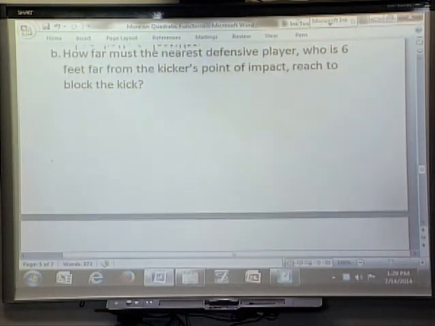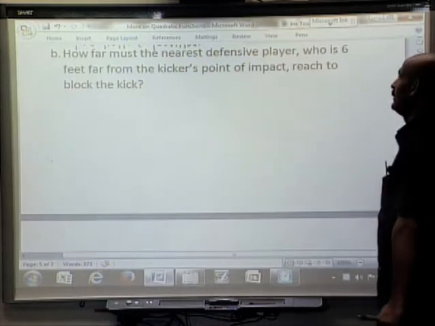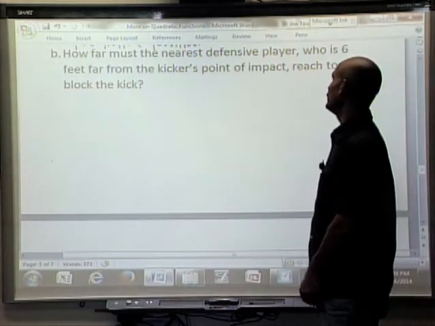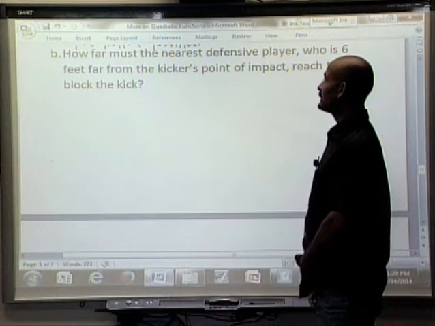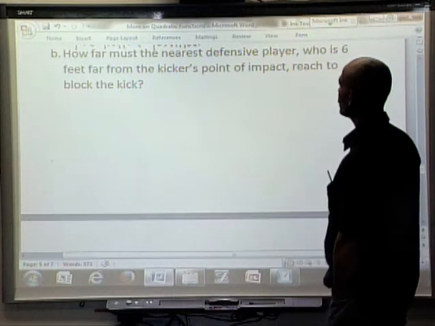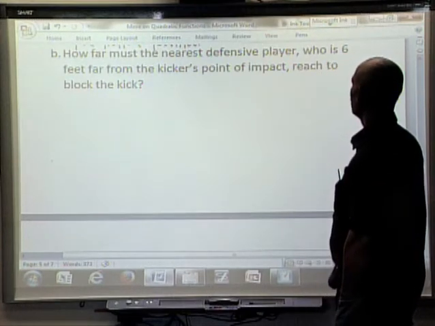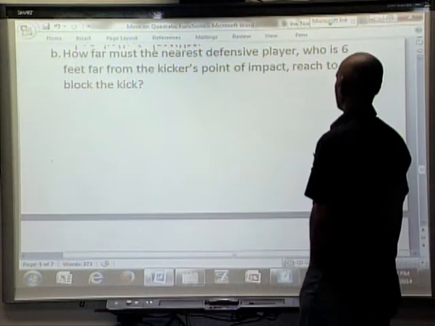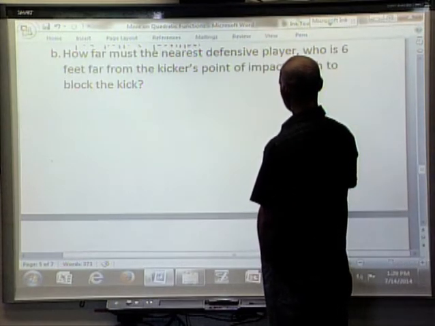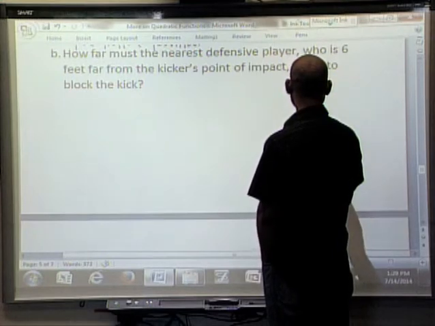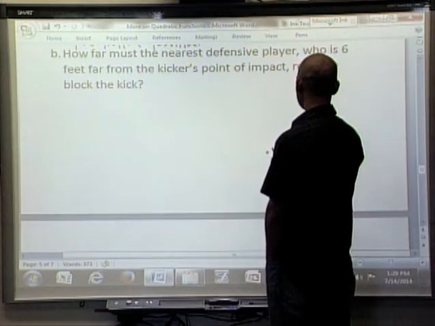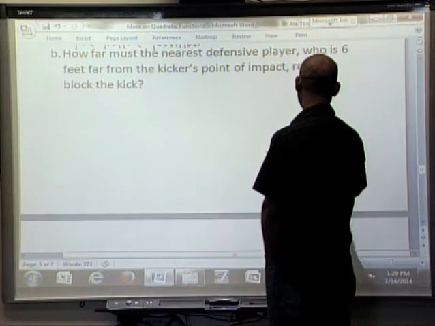Now, the next question is how far must the nearest defensive player, who is 6 feet from the kicker's point of impact, reach to block the ball. This is the point of contact of the kicker, and the defensive player is sitting here, and this distance is given to be equal to 6 feet.